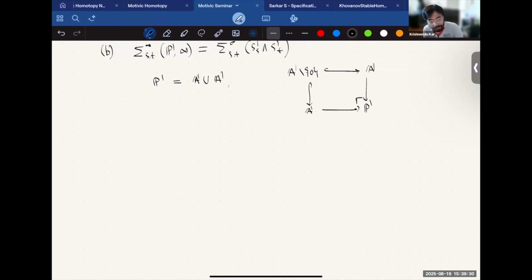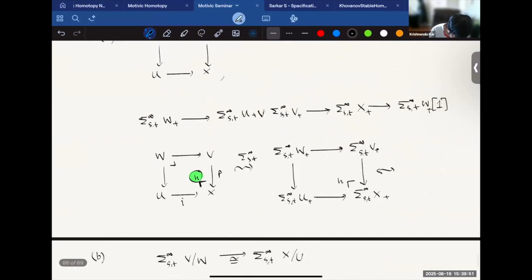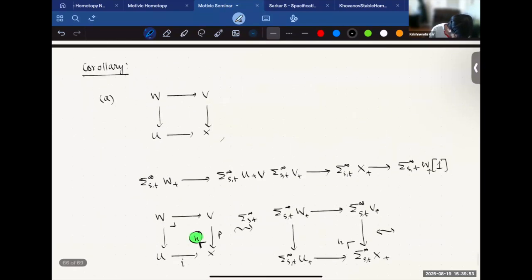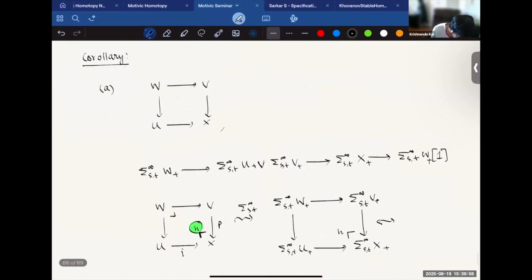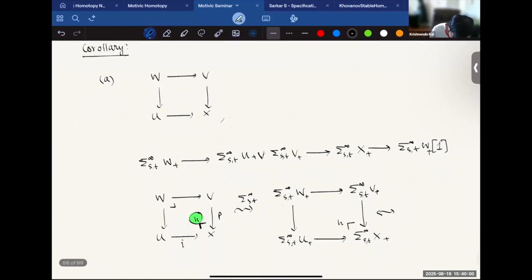Okay. And now given this push out square, this is also a homotopy push out square because these are inclusions. I think this is easy to see. After which you can apply this suspension spectrum functor and use your Mayer-Vietoris sequence. So basically use this lemma, or rather this corollary. I don't know, let's call this star.